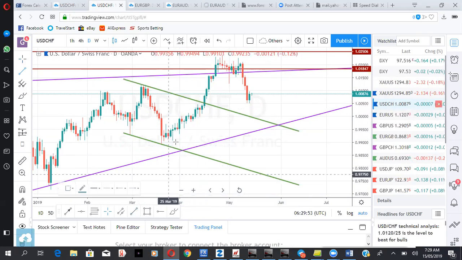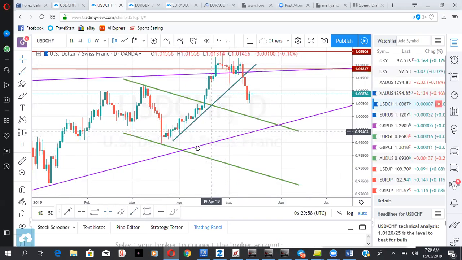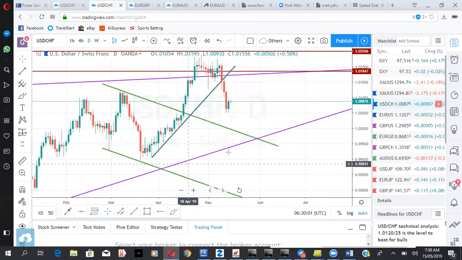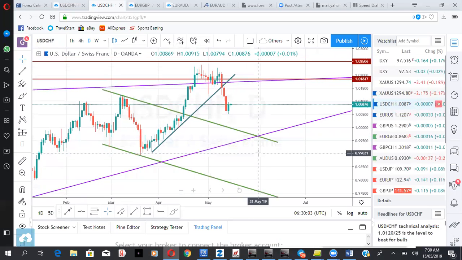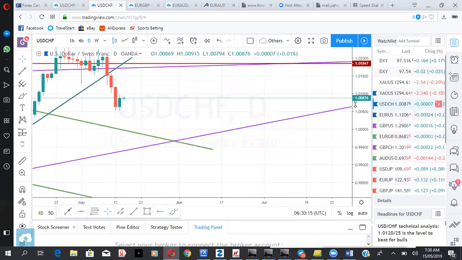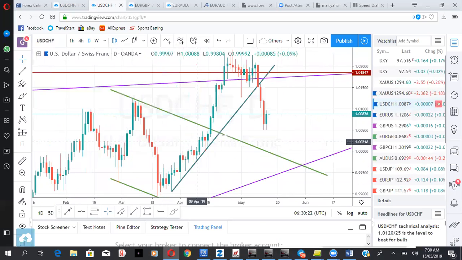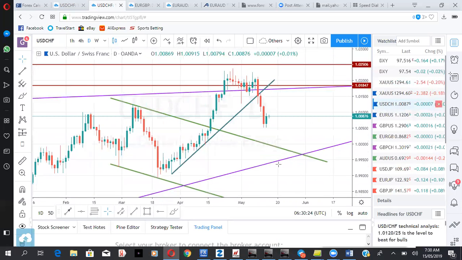That's what we seem to see, and this trend line, price seems to have broken out of it. But if we look at the daily point of view, we can see that for 3 days it has been in a drop, and this is what looks like an inside candle slash harami. This looks like a bullish harami. So what does this tell us? That we might see a possible further up move on the USDCHF.